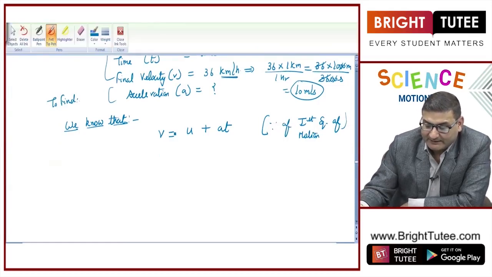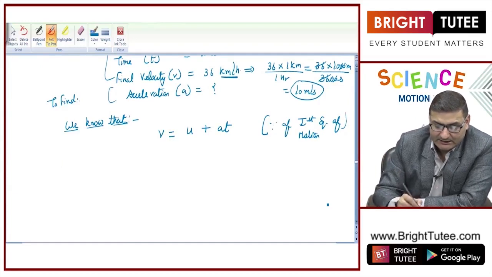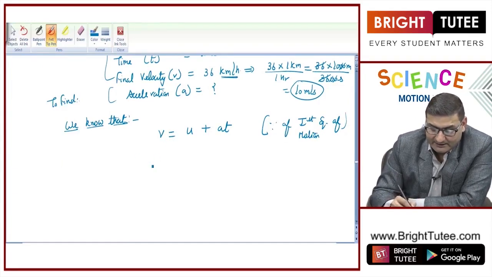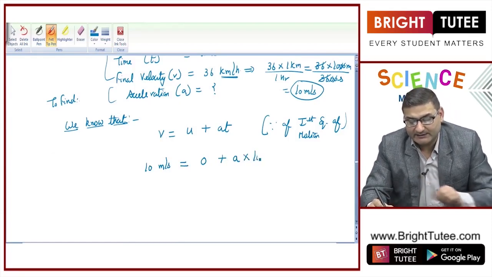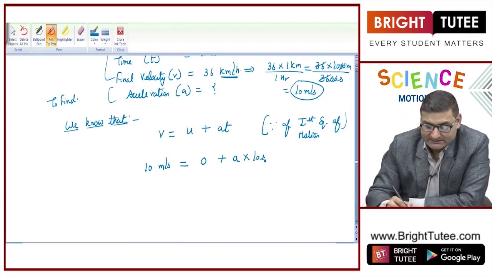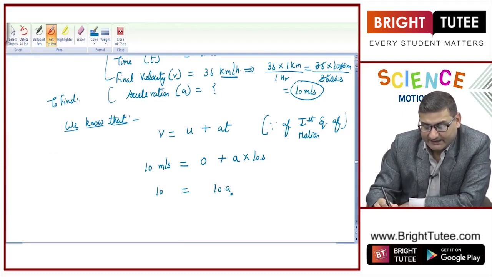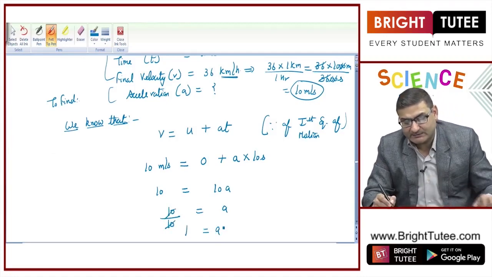Alright, putting the values in this particular formula, V I have calculated as 10 meters per second, U was given to be 0, A I need to calculate and the time is given to me to be 10 seconds. So, this simply becomes 10 is equal to 10 A, or A is equal to 10 divided by 10, this comes out to be 1, and this is my answer.